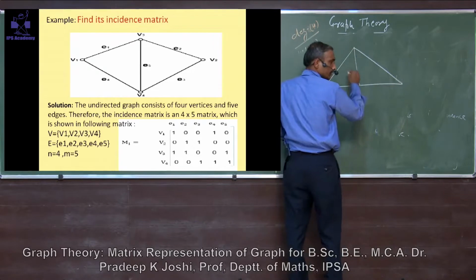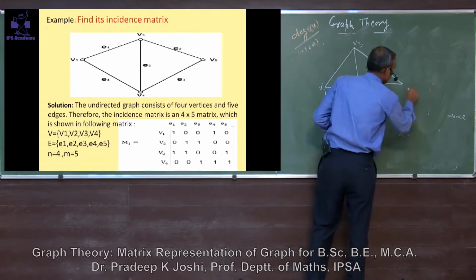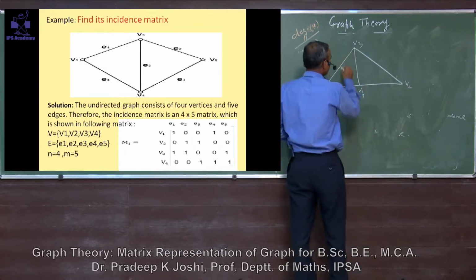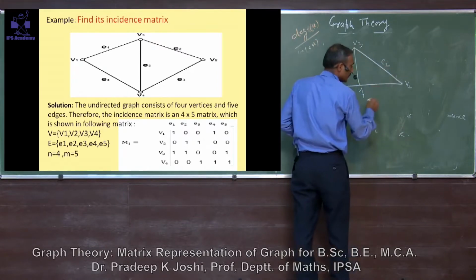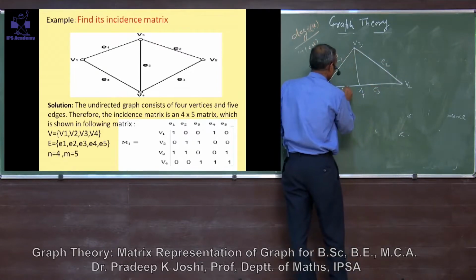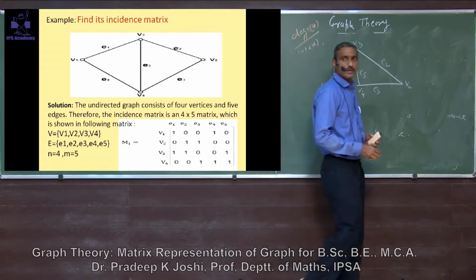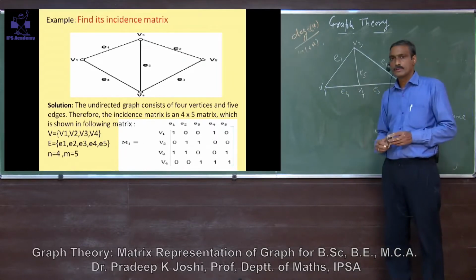Suppose this is V3, this is V1, this is V2 and this is V4. The edges are: this is E1, this is E2, E3, E4, E5. This is a graph, and now we have to find its incidence matrix.